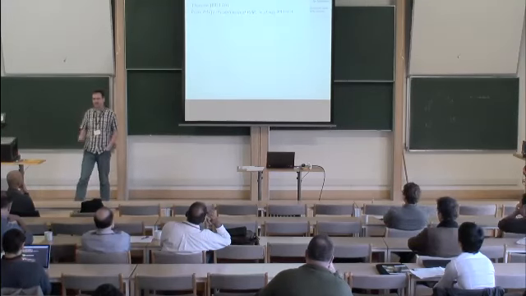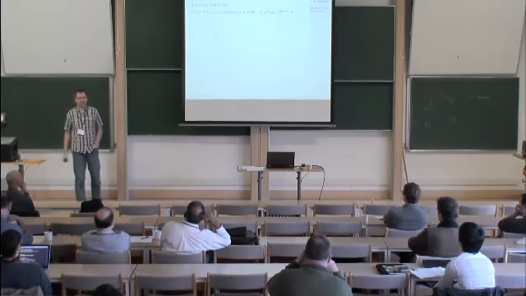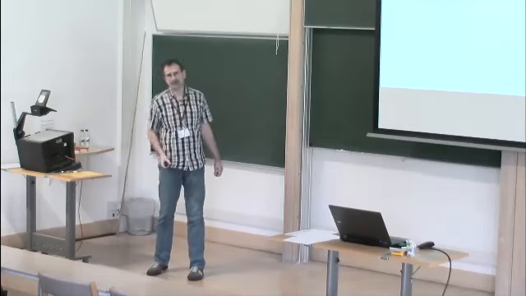So the first lower bound that I had for this was already in this paper where we introduced these proof systems, and this is for the proof complexity's favorite family of formulas, the pigeonhole principle. So we've shown that the pigeonhole principle formulas require RTL proofs of size 2 to the omega n log n if you restrict the width of lemmas to be n over 2.